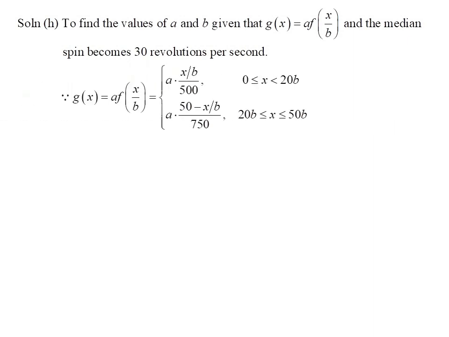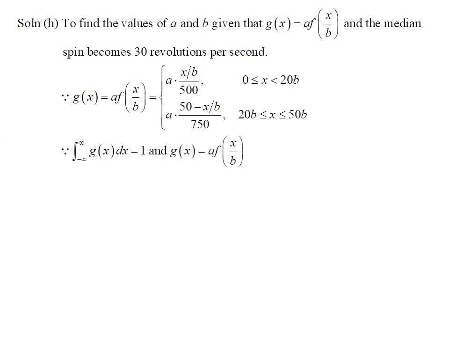Since g of x equals a times f of x over b, which equals a multiplied by x over b, all divided by 500 when x is greater than or equal to 0 but less than 20b, and a times f of x over b equals a multiplied by (50 minus x over b), all divided by 750 when x is greater than or equal to 20b but less than or equal to 50b.